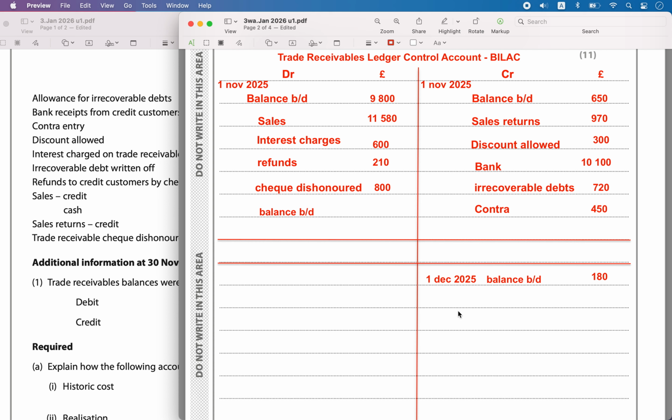This will go on this side also as on 30th November 2025, the same amount, 180.